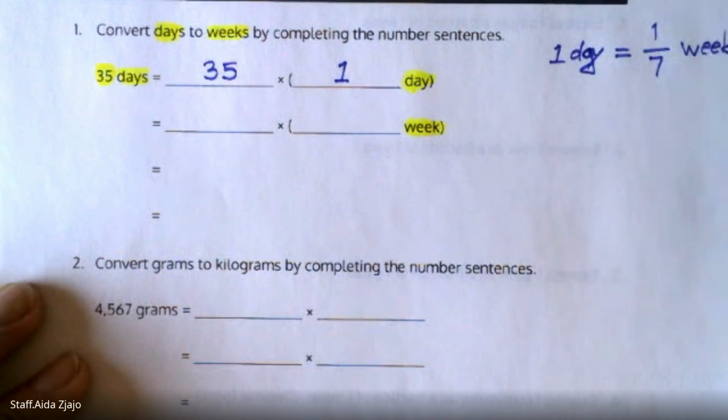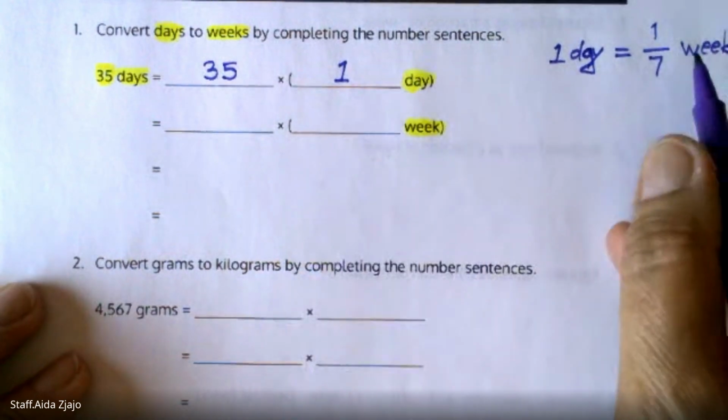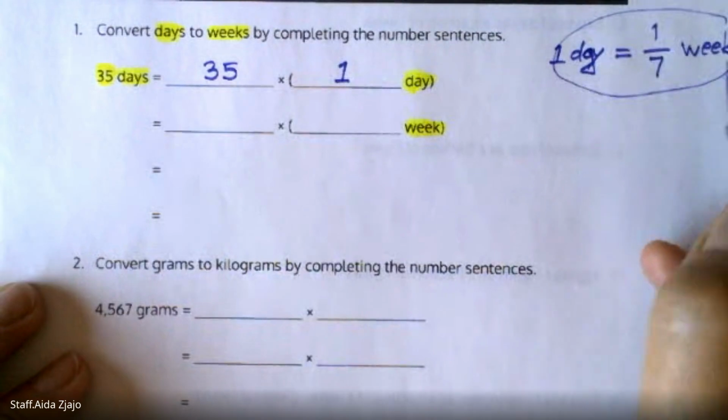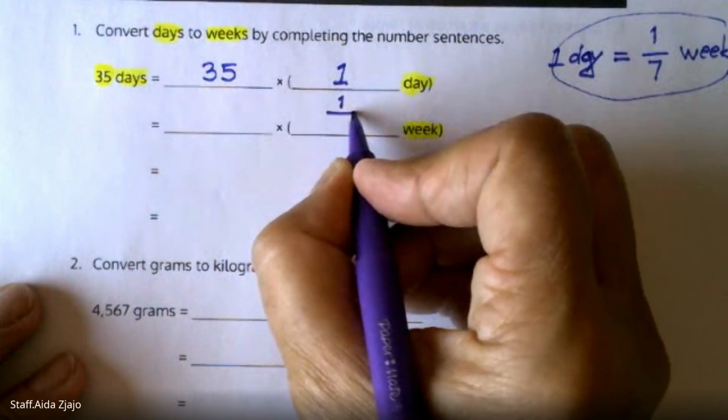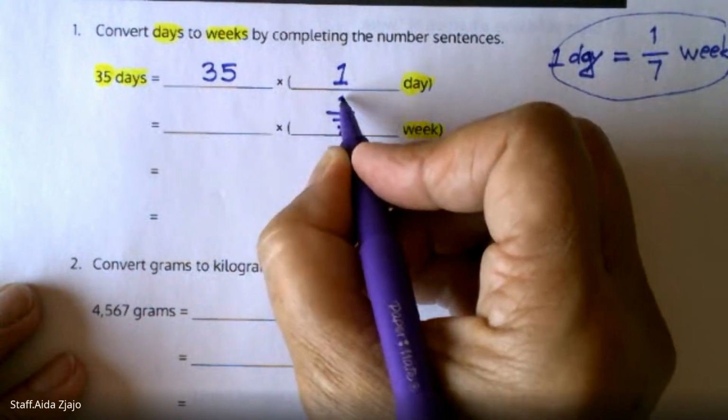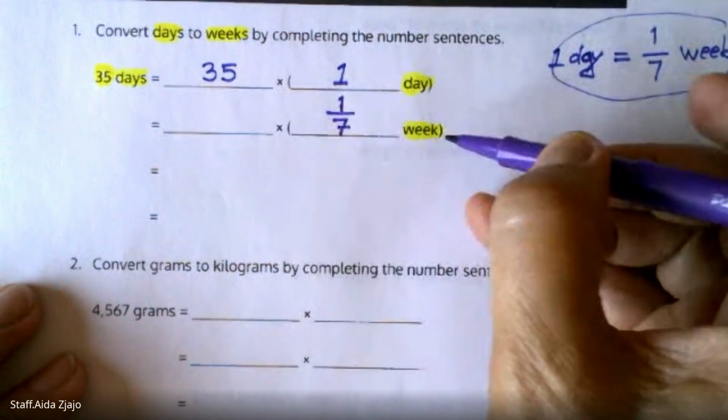So that represents a week. So you're going to use this knowledge to say, okay, 1 day is really 1 out of 7 pieces or 7 days that represent a week.